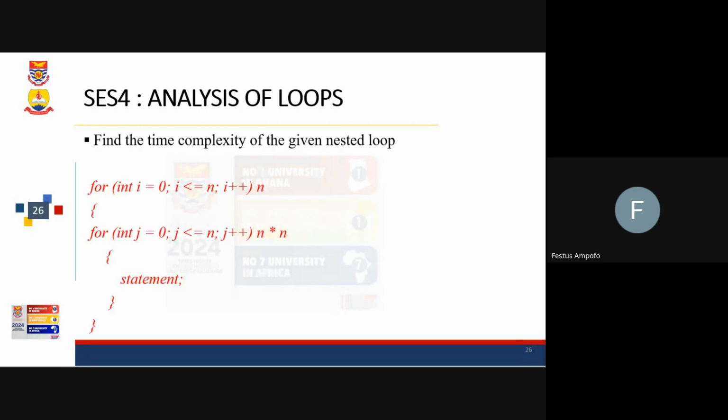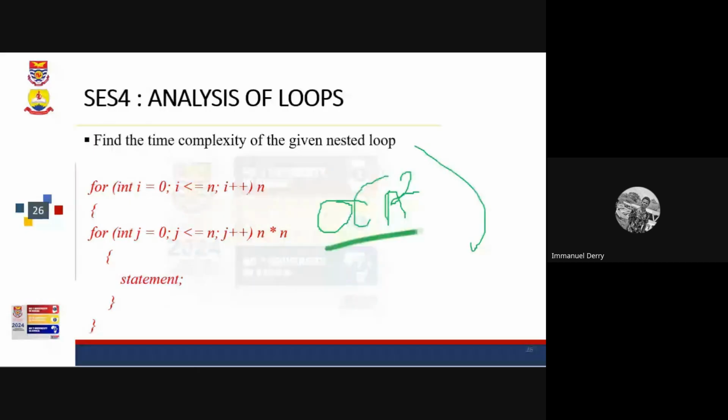But if I'm to try this, I think this one is the quadratic time complexity, since we have a nested loop, and with this one we have the condition being n, so it will be big O of n squared. Okay. All right, so this is going to be big O of n squared, which is a quadratic time complexity.